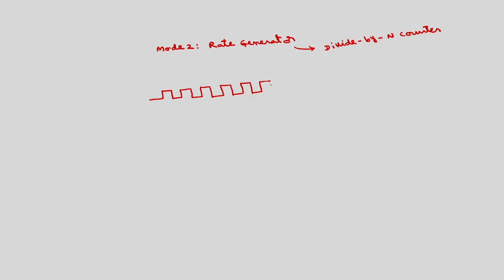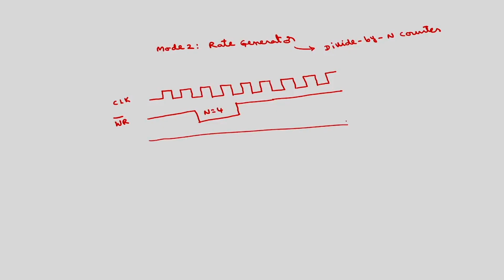This is the clock of a particular counter. Here also you have to make write bar equal to 0 and load some value n. Say n is equal to 4 only. This is write bar, and here also you have to keep the gate signal always high, like mode 0.